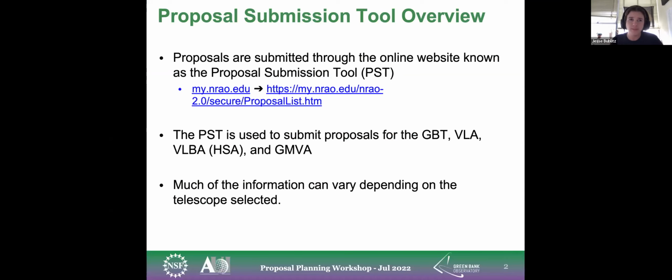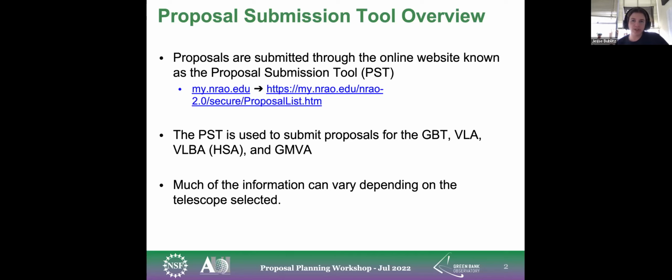So first things first, once you have thought about the science that you want to accomplish with the GBT, you can submit your proposal through a specific proposal submission tool, which is available on the my.nrao.edu website. The links are available throughout these slides, as well as on the call for proposals, and in addition to the proposal planning workshop website.